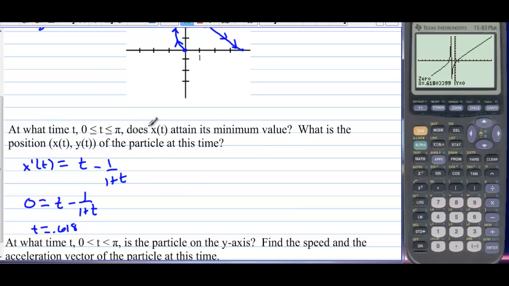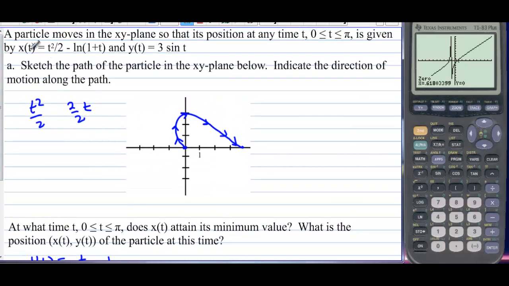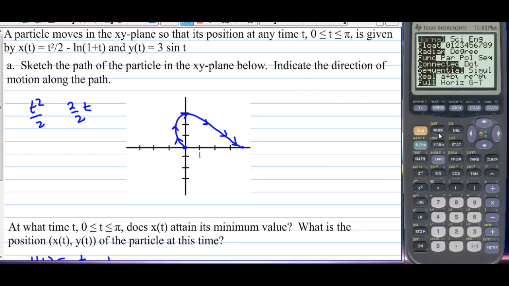At what time t does the x of t attain its minimum value? There's the time right there. What is the position of the particle at this time? I need to plug 0.618 into x of t and y of t. If I go back to parametric mode, those two functions should be in there still. Hit y equals, they're still in there.